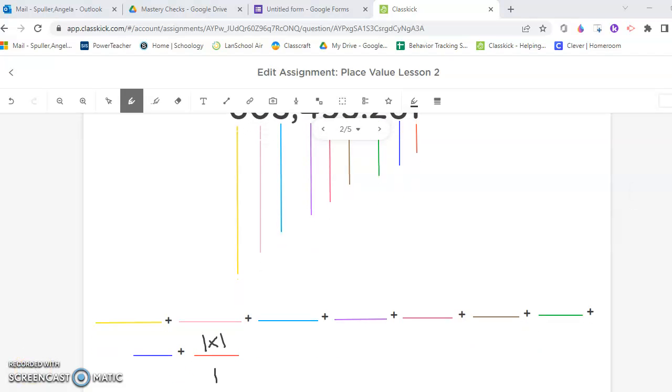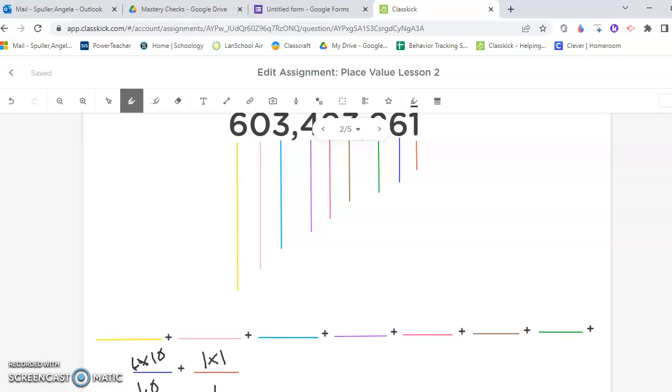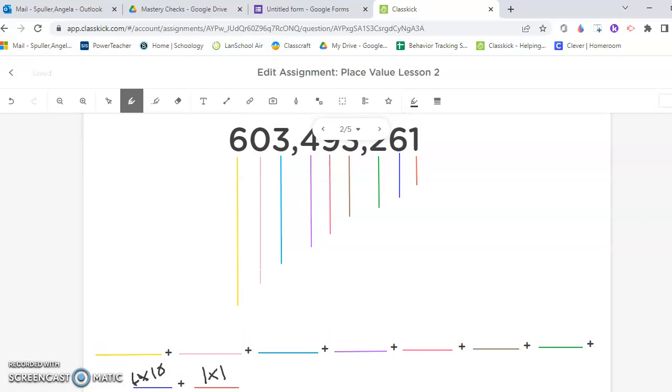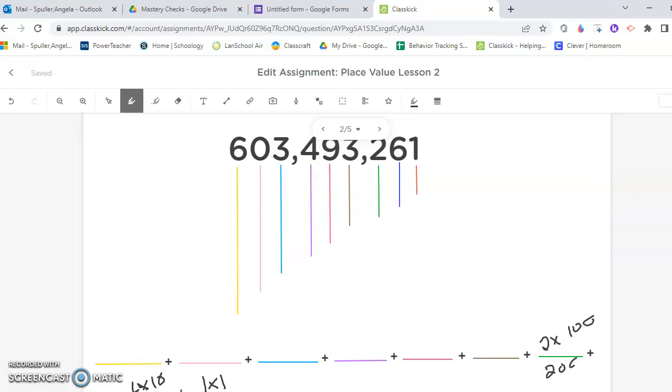Okay, and then the next one is worth the 6 times the 10, right? So this is worth 60. And then going up, we have 2 times 100, or 200. And then we have a 3 here times 1,000, because that's its value. So we have 3,000.